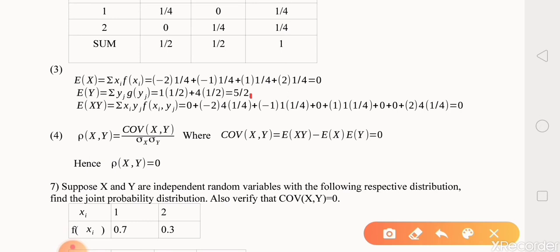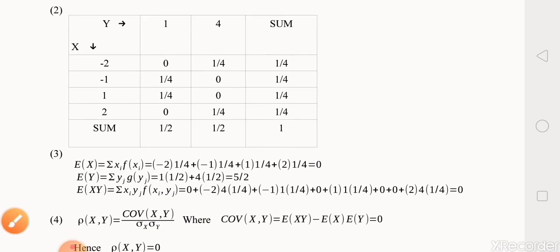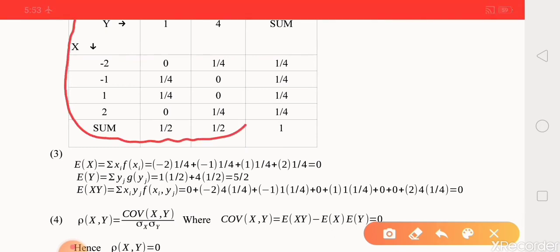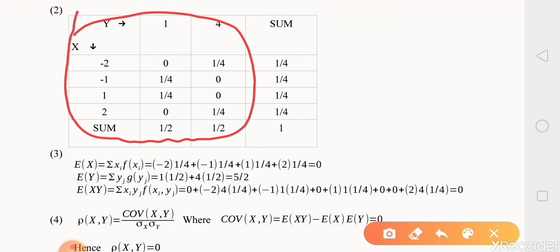Now we have to calculate expectation of xy. It is summation xi yj f of xi comma yj. So here we have to use the table with all possible x values and y values.